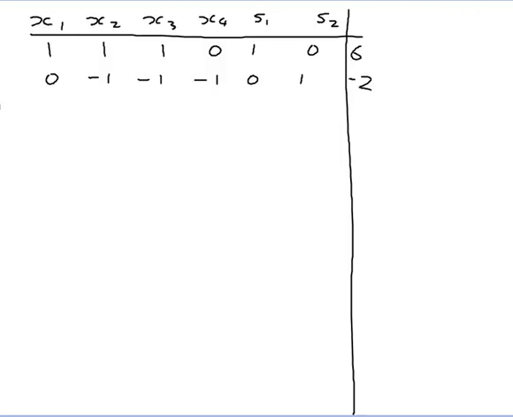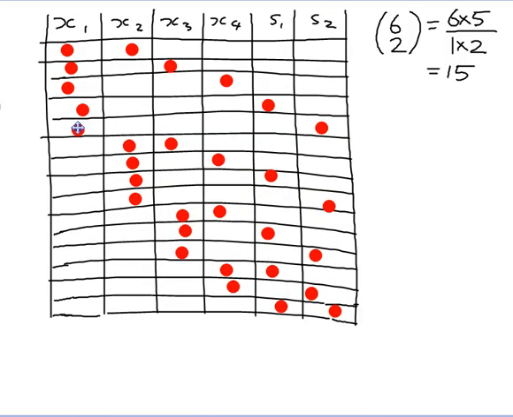Before, I had x1 and s2, and all the rest of them could be 0. So to read off from here, I can get x1 is equal to 6 and s2 is equal to minus 2. So going back to my table, x1 is equal to 6 and s2 is equal to minus 2, and all the rest are 0.